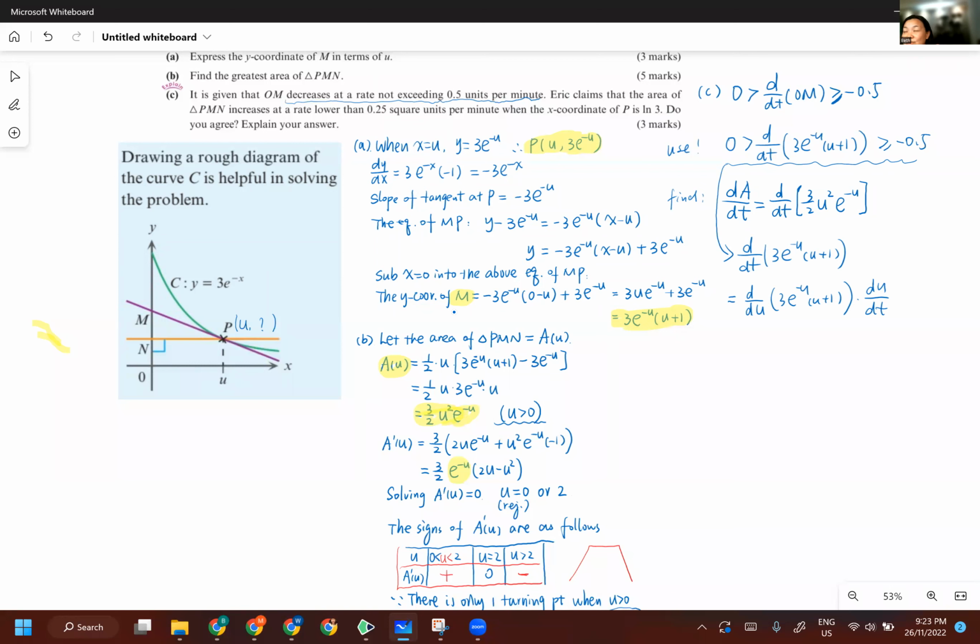It's a function of u. If I'm doing d/dt, I need to do d/du and then times du/dt. Okay, and then the differentiation. The first one is 3e^(-u) negative 1. The second one is 3e^(-u) and 1. I don't know if you see what I'm doing here.